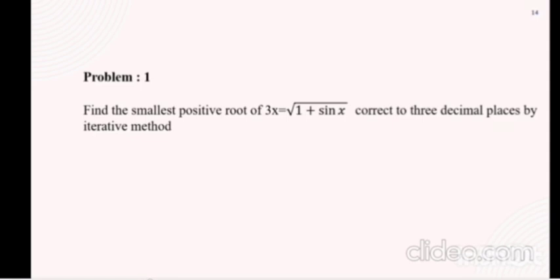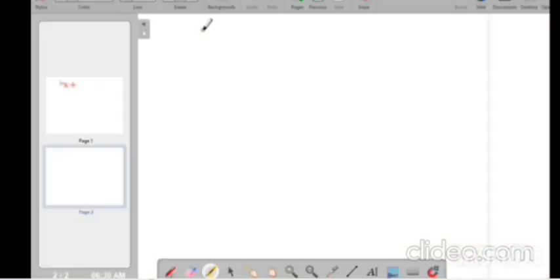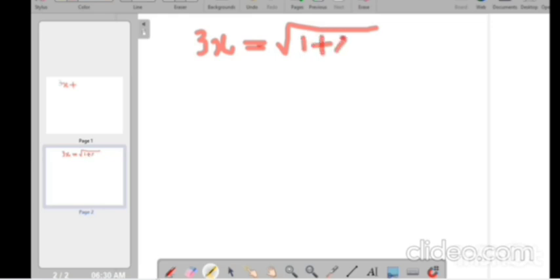To solve this, we need to know whether the given equation is an algebraic equation or a transcendental equation. By observing, we can determine that the given equation is a transcendental equation. The given equation is 3x equal to root of 1 plus sin x.